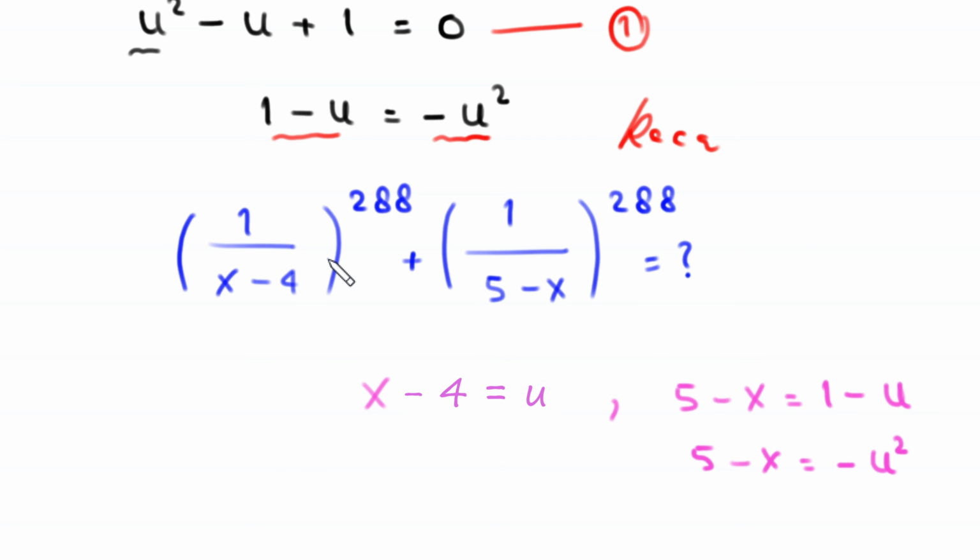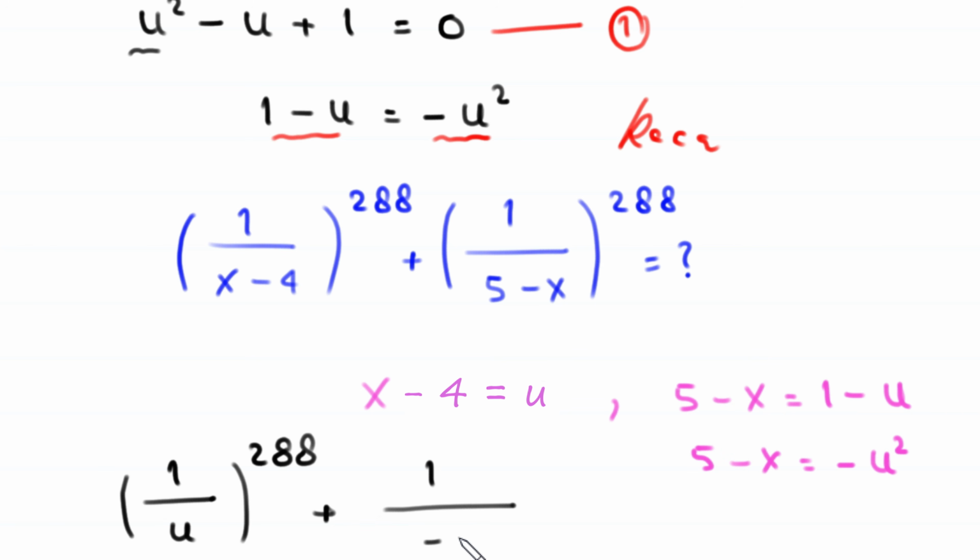So we can rewrite this expression as (1 over u) whole to the power 288 plus (1 divided by negative u squared) whole to the power 288, and we have to find the value of this expression.